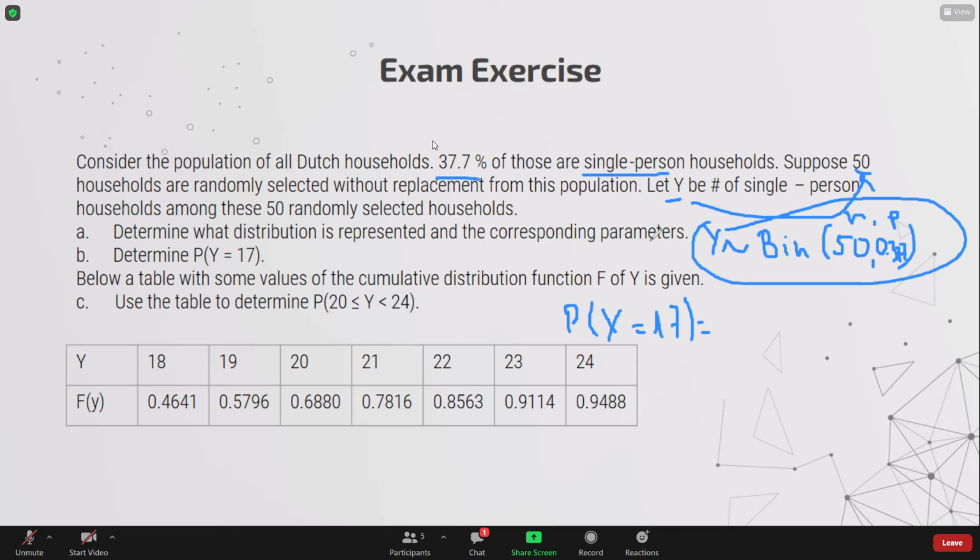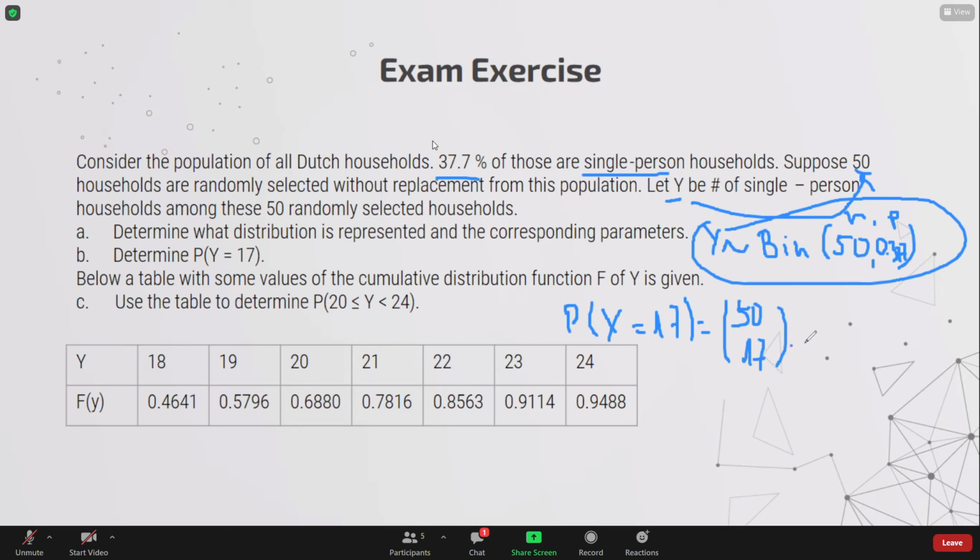What we need to know is we need to have 17 people from our sample, that is 50. So from 50 people, we have to choose only 17 that need to be single person households.